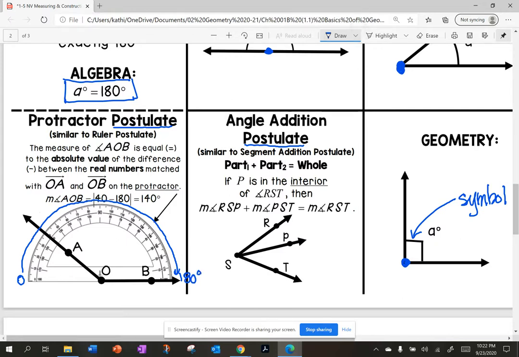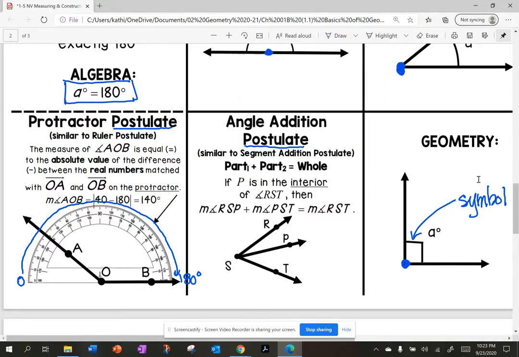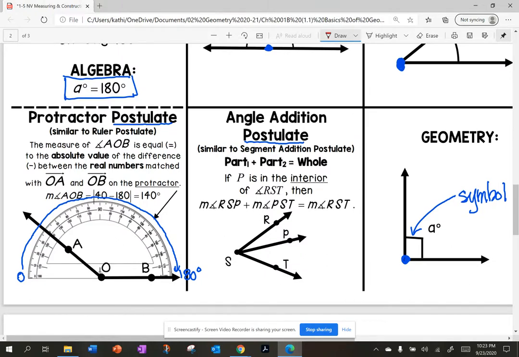And I have another set of markings on the inside, and they're in reverse. So if we see this is 0 degrees, and I'm going to go all the way around to here, and I end at 180 degrees. It doesn't matter which side you use to measure with, but you have to use the same numbers.